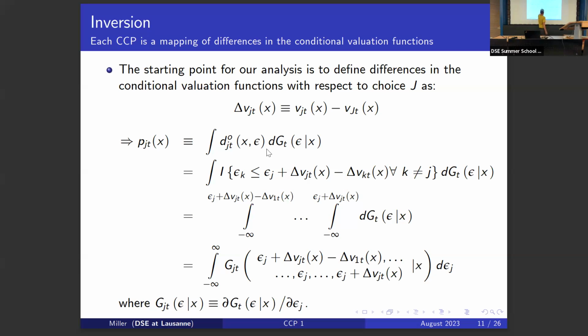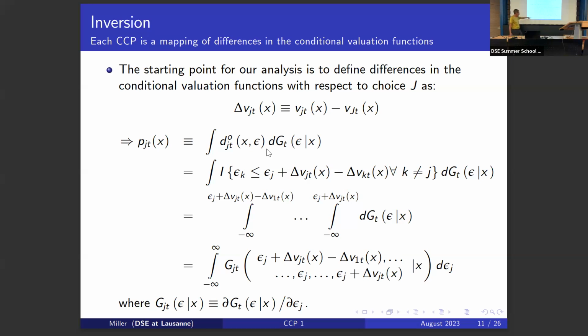this plus this must be less than these two for everybody else. In fact, since it's a weak inequality, you don't even have to have k not equal j, just for all k. And so that's equal to this, just writing it out. And just integrating through, that is equal to this thing.